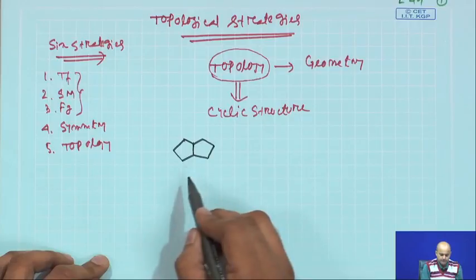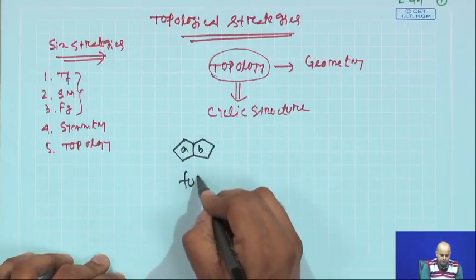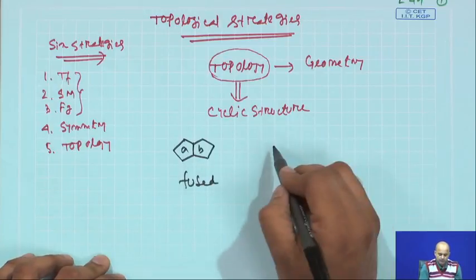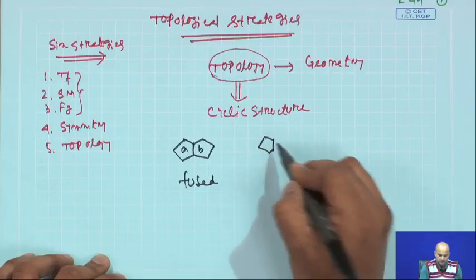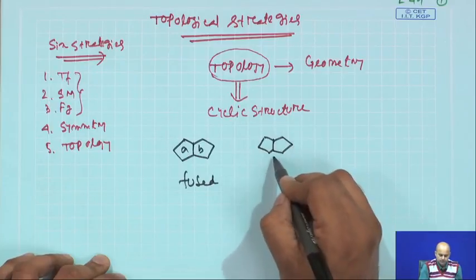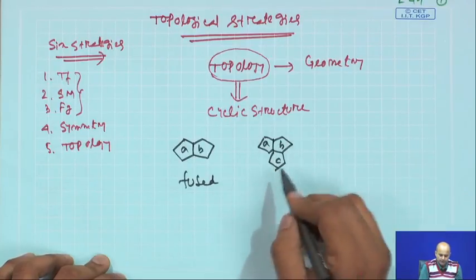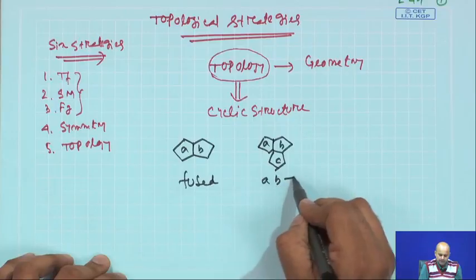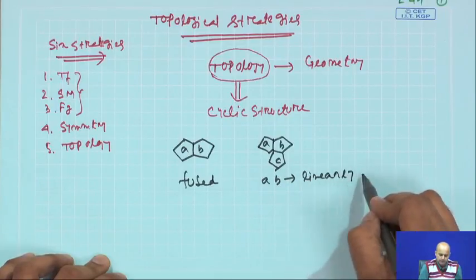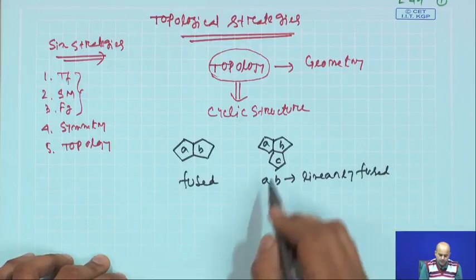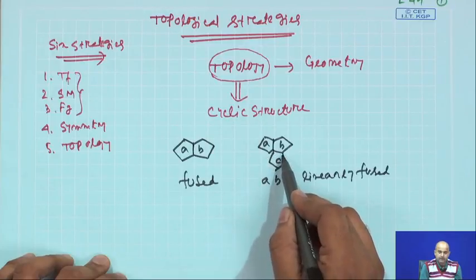Now, in this structure the A and B rings are fused together. If I now draw a structure of this, 3 rings are there, where A and B are linearly fused, but the AB ring is fused angularly with the C ring.